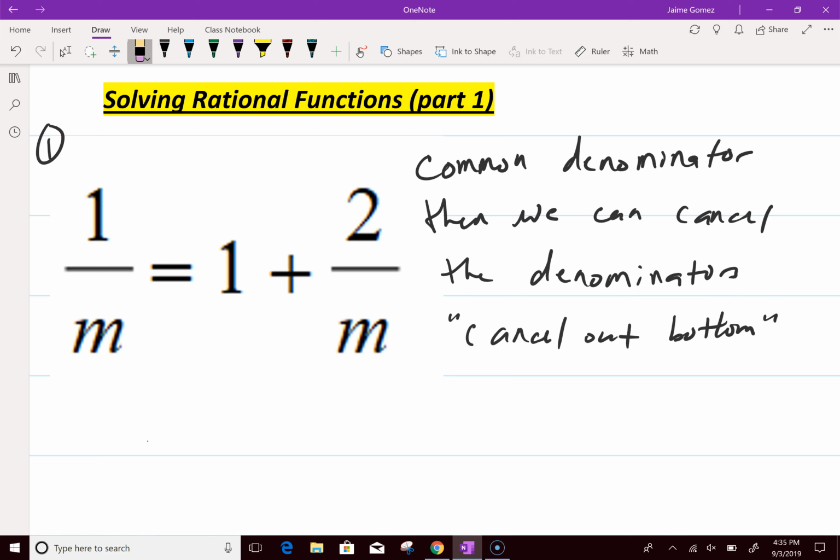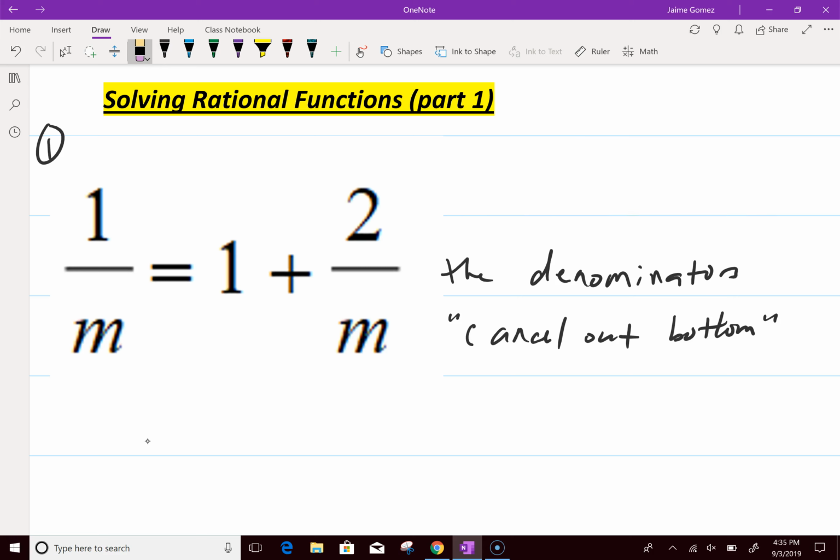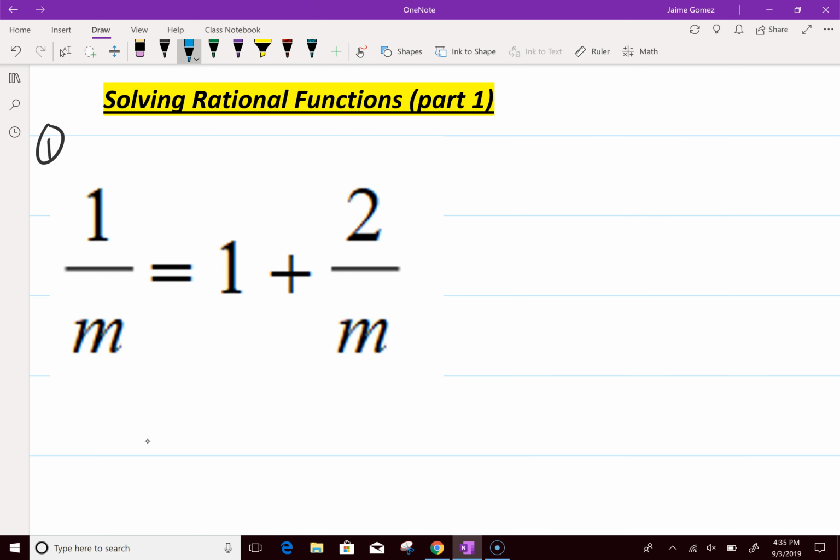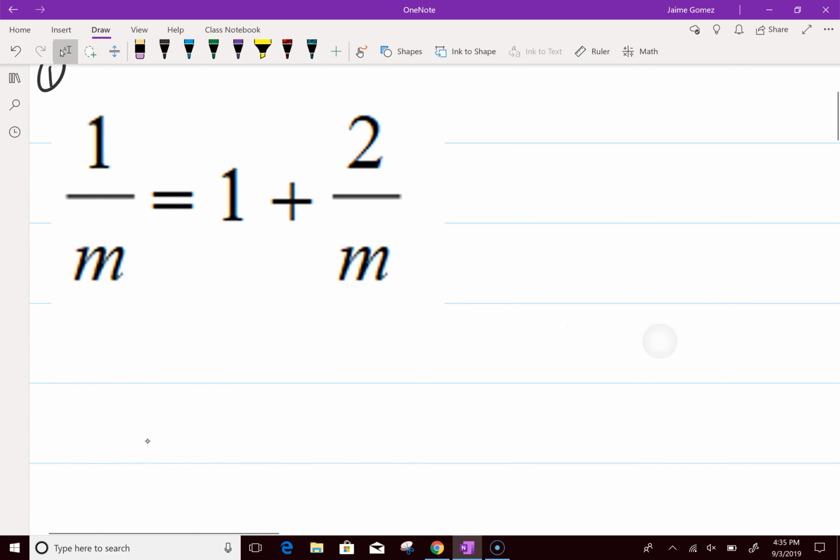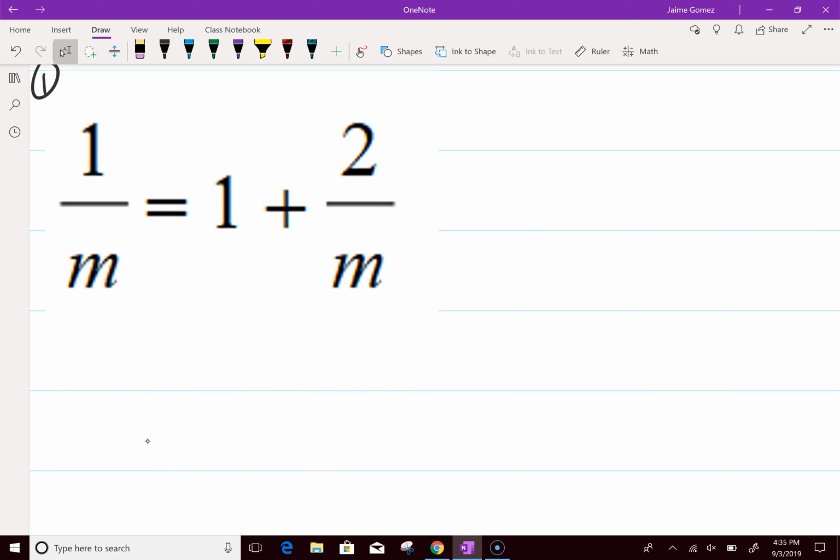So let me get into what it means. Let's first find a common denominator here, and that's the hardest part. First, that is a fraction.